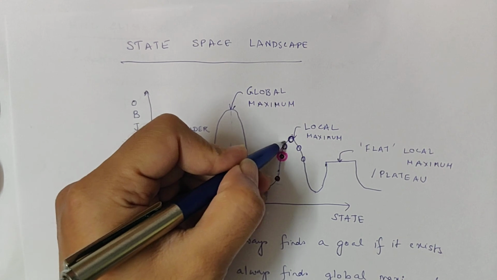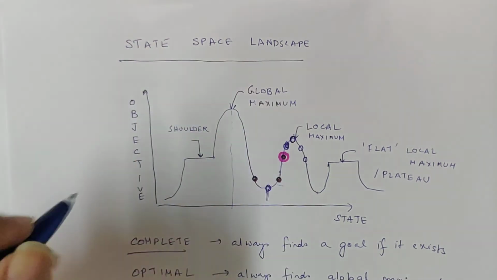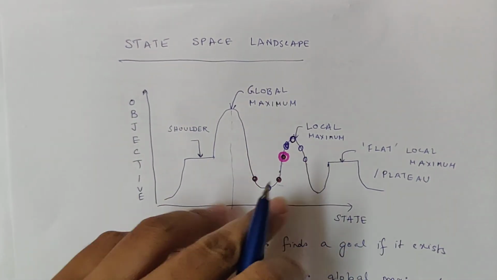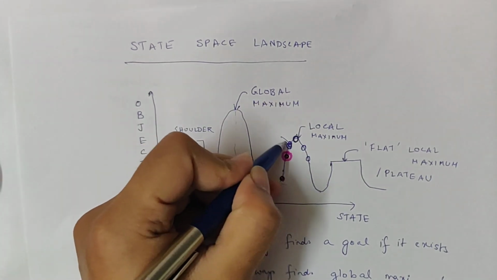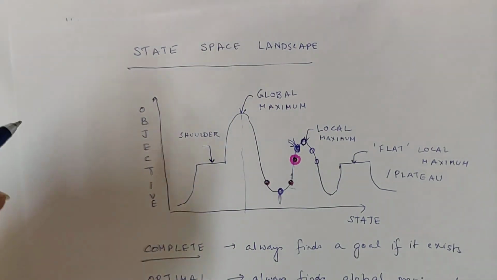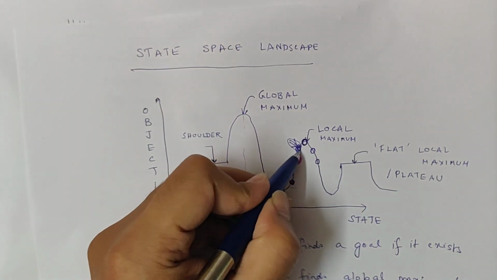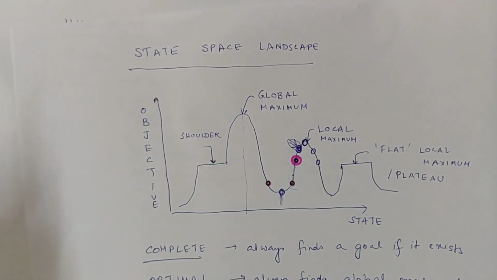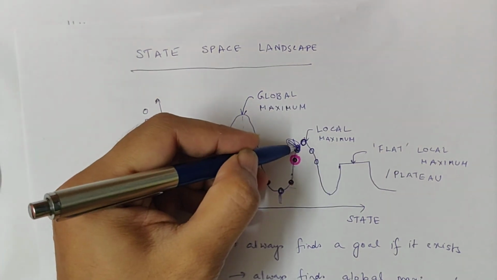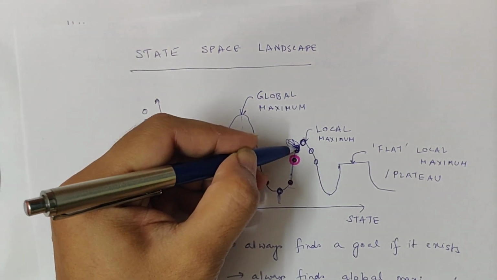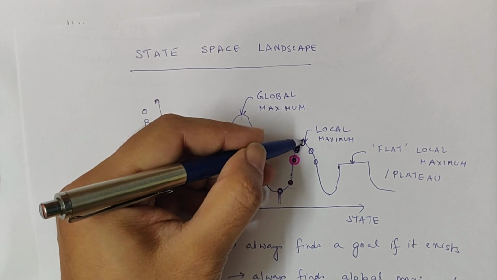I will take this a bit upper. So of all the three successors, which is the best valued? This is the best valued, right? So this becomes allocated to my neighbor variable. But now I have to compare between this neighbor variable and the current node.